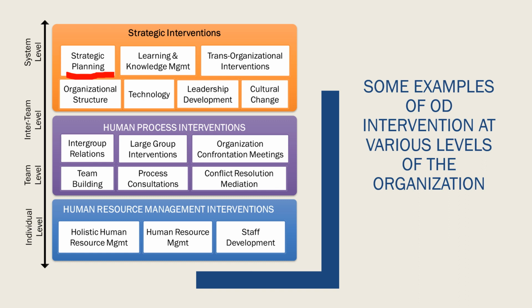From the vision, mission, goals, strategies, down to the activity level, pinagplaplanuhan natin. And some would say that that's the prime example of OD intervention because it's a planned change. It's your starting point, your baseline.